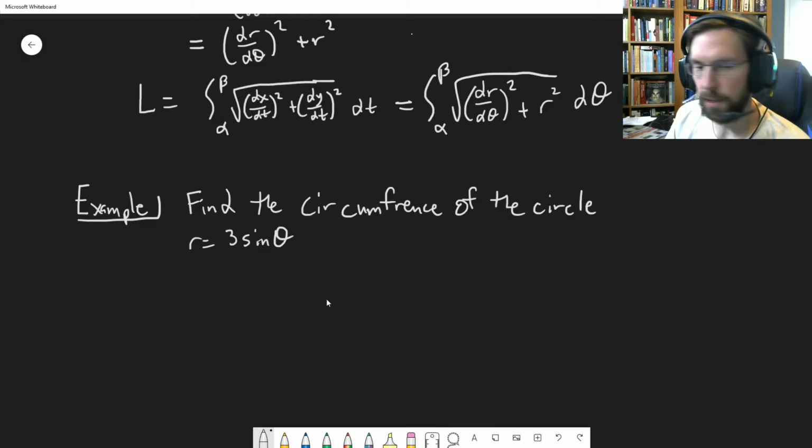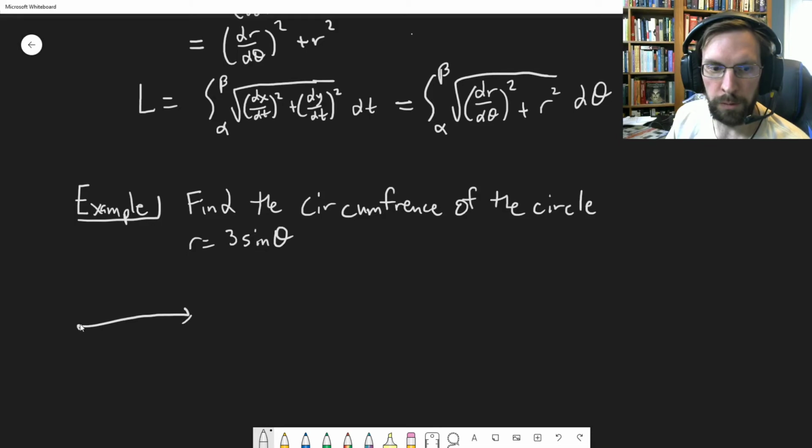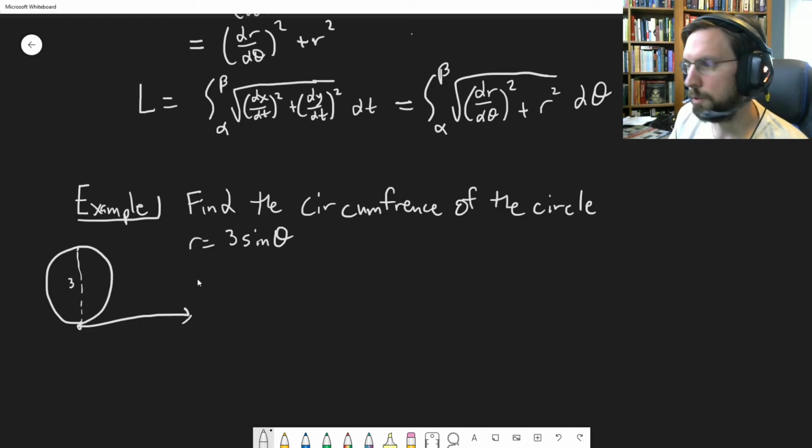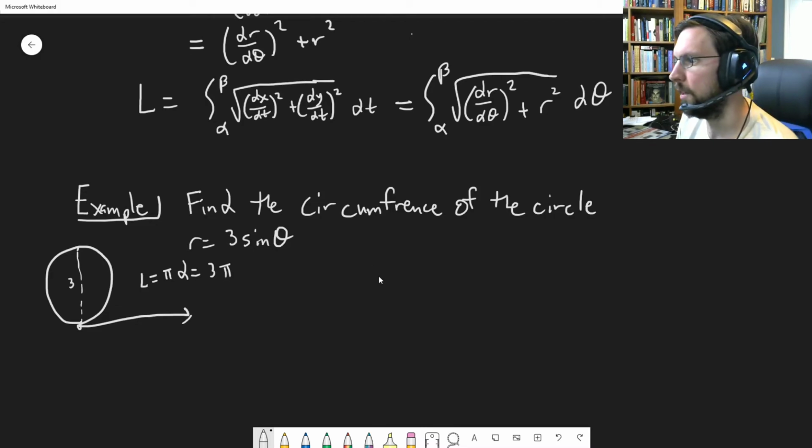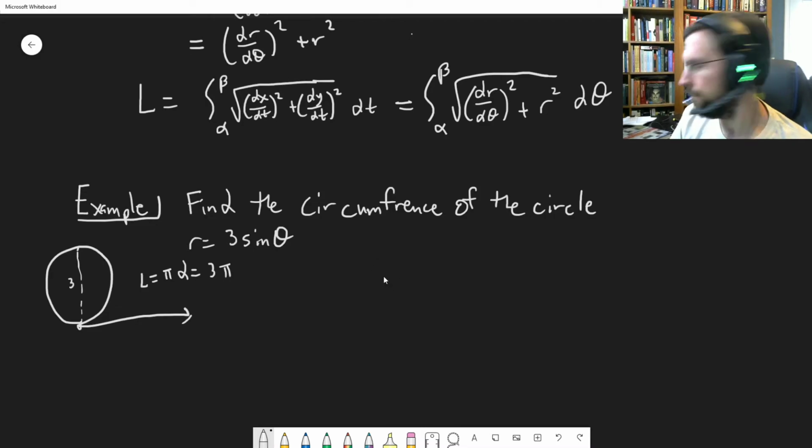Remember that this is a circle tangent to the pole of diameter 3. So this distance here should be 3. So the circumference should be pi times d, which should be 3 pi. Okay, so our answer at the end should be 3 pi.